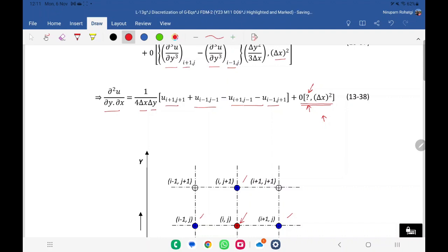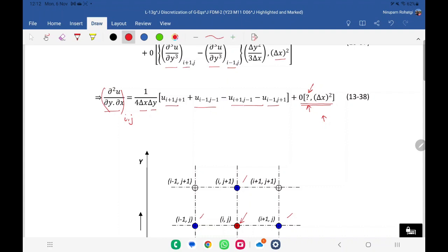Okay, so on the left side is derivative, and this derivative is point I comma j, and rest all is on this. So the whole exercise in a nutshell is you are converting your derivatives into algebraic terms. That is one thing you are doing.